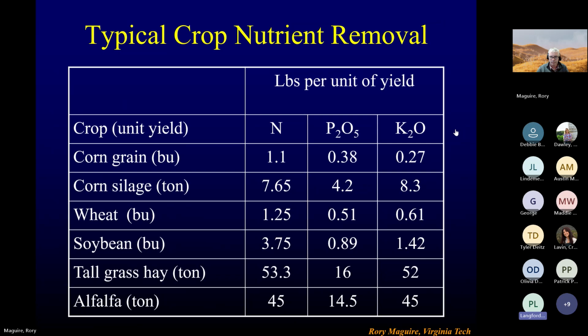And then except for corn silage and alfalfa, nitrogen is usually removed the most. Just another example of that imbalance. And this is important in nutrient management because one of the regulations is that you can apply manure at a phosphorus removal rate. So if you're having 150 bushels of corn, you can go in, find this number, multiply it by 150, and then work out how much manure you're allowed to apply.